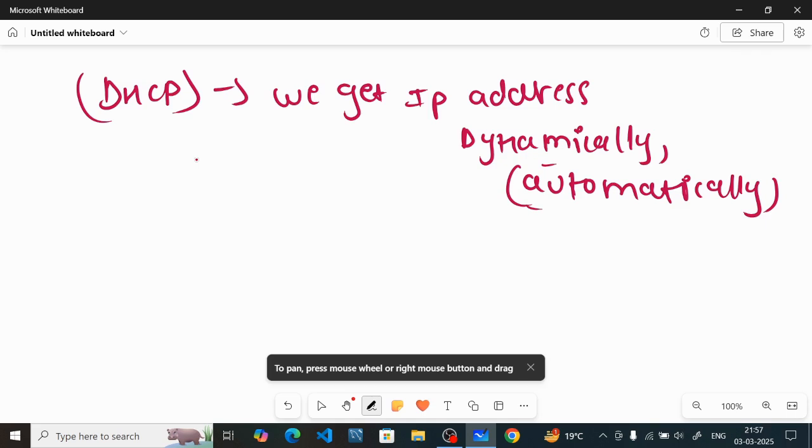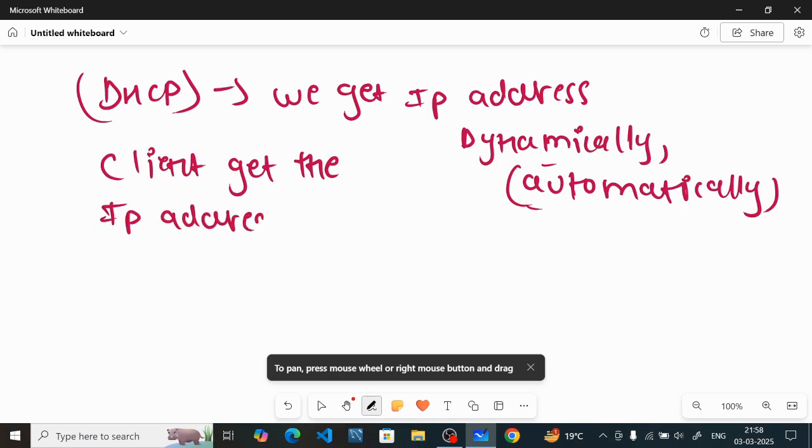DHCP has millions and millions of IP addresses, and it provides one of those IP addresses to our machine. Through what process does the client get the IP address? With the use of the DORA process.